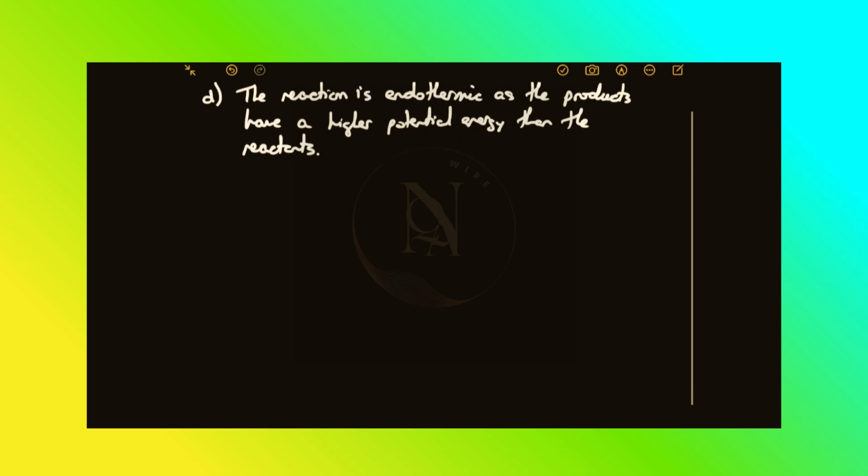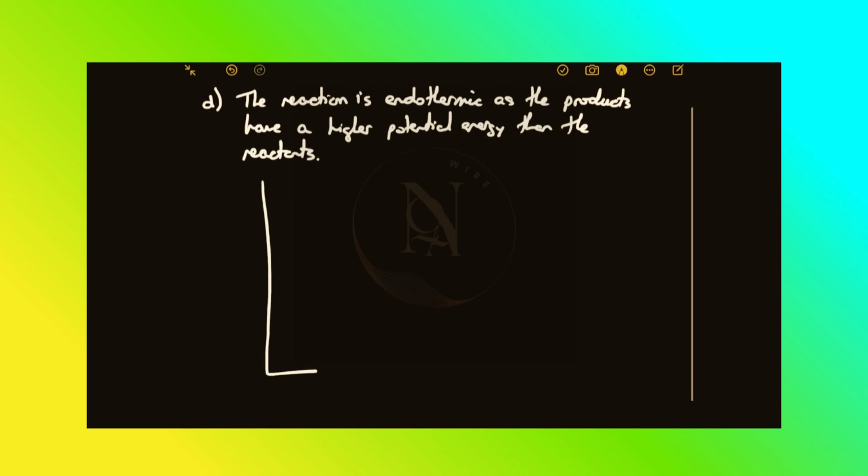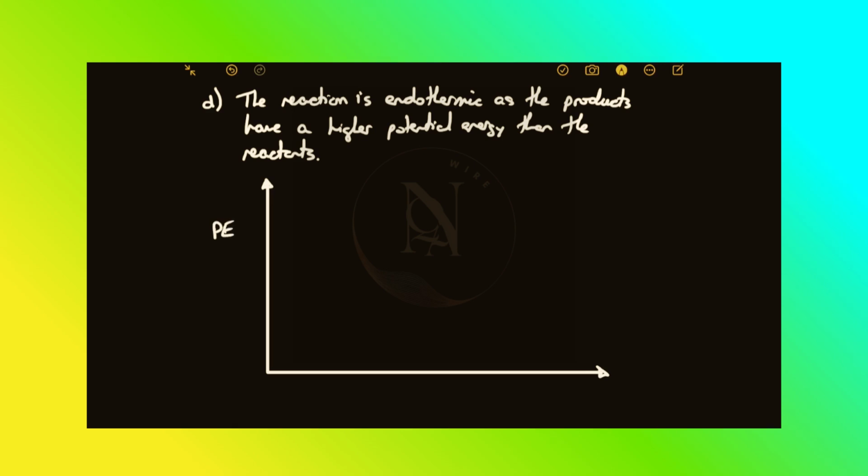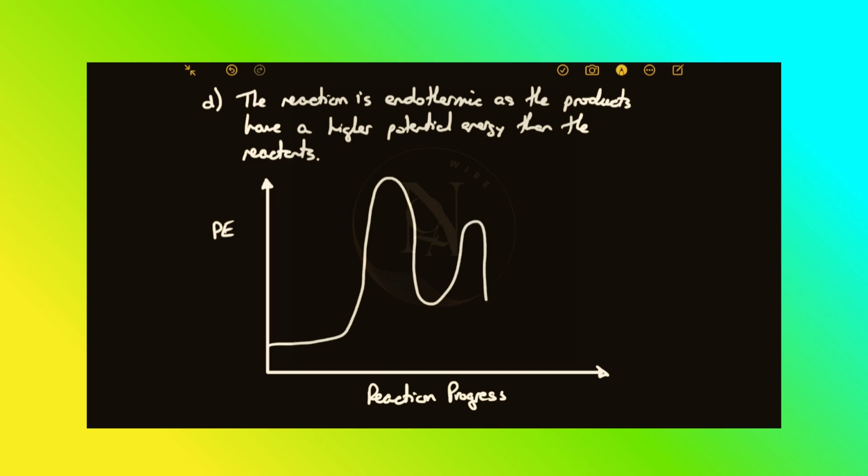And let's add labels to the diagram. If I draw it out, we would have the potential energy on the y-axis, reaction progress on the x-axis, and a quick sketch here.